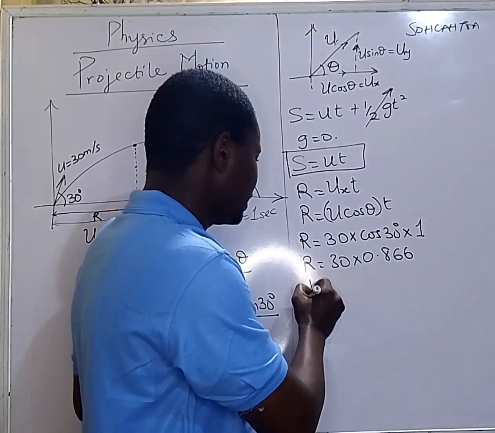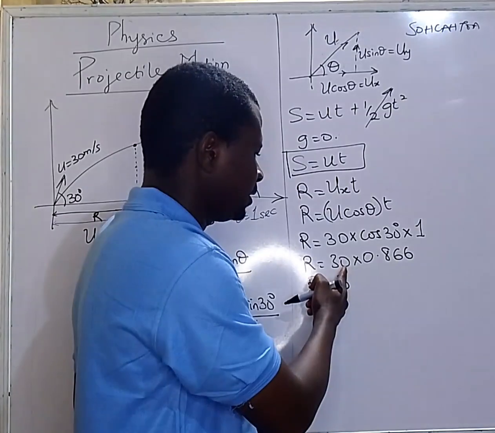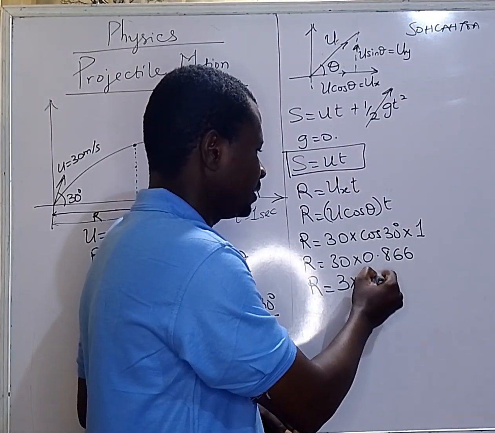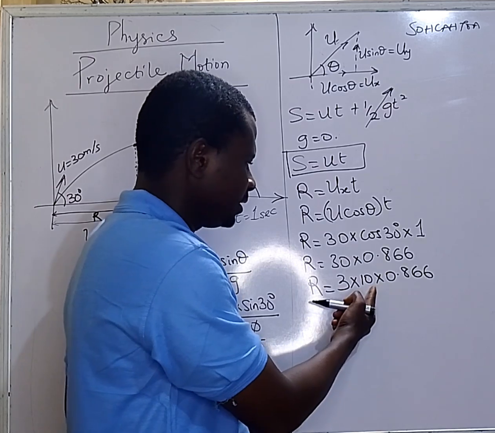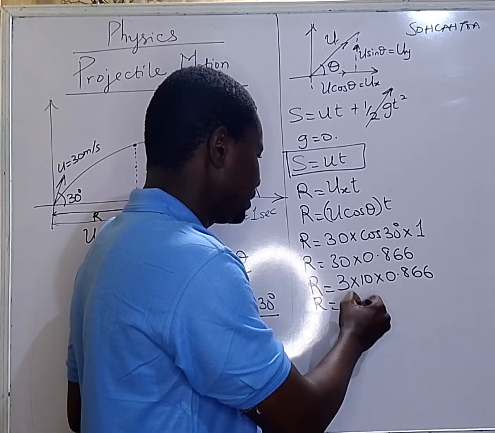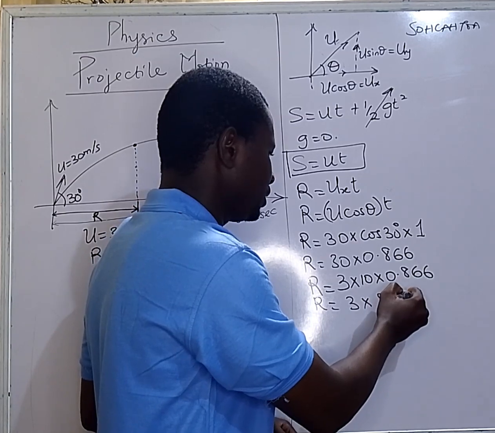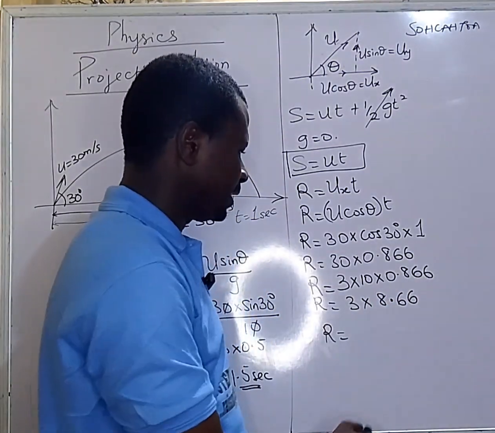So you can say this same thing as 3 times 10 times 0.866. If I expand this 30, this 10 will cause the decimal point to move once, so it gives us 3 times 8.66. Then you can multiply finally.